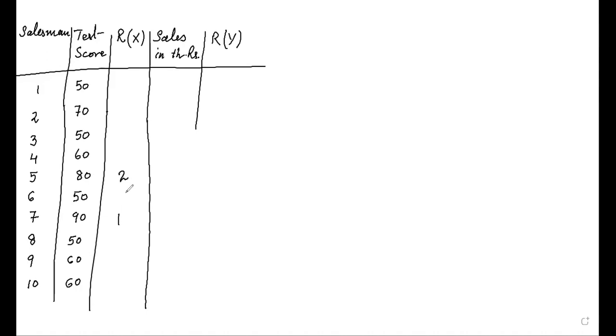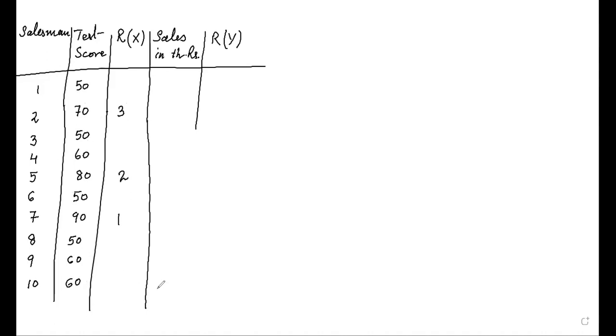The third rank will be given to 70, and only one has 70, so the rank is 3. Now for the fourth rank, 60: 3 candidates are there, salesman 4, salesman 9, and salesman 10, having the score 60. That means they are acquiring 4th, 5th, and 6th.